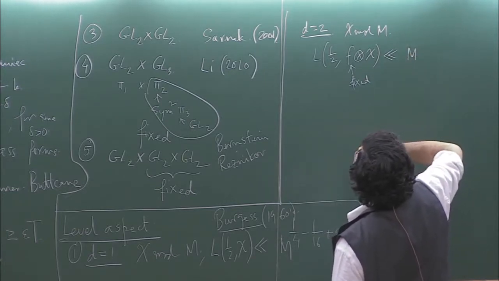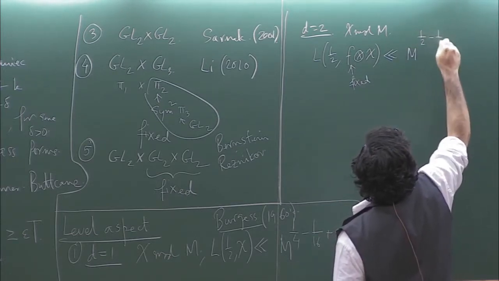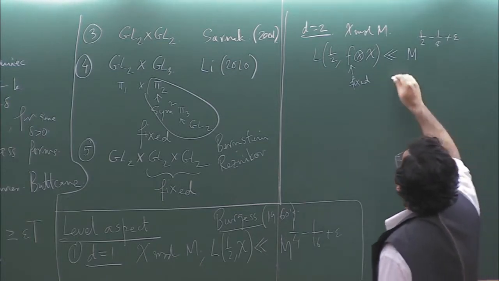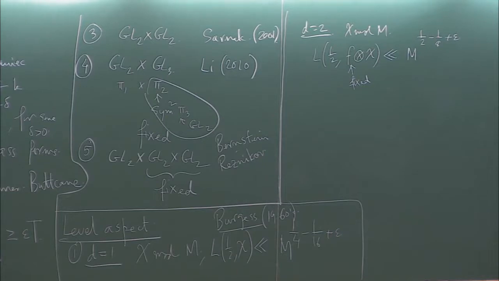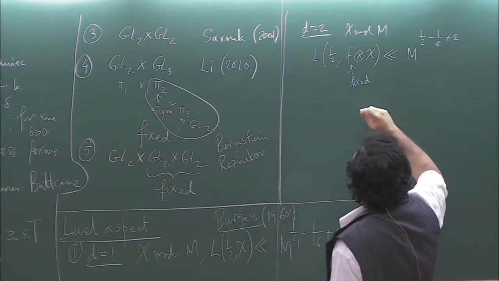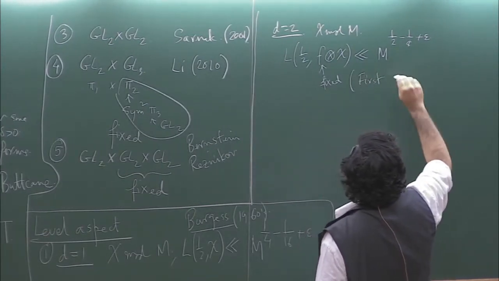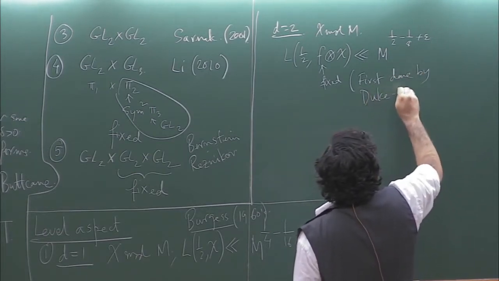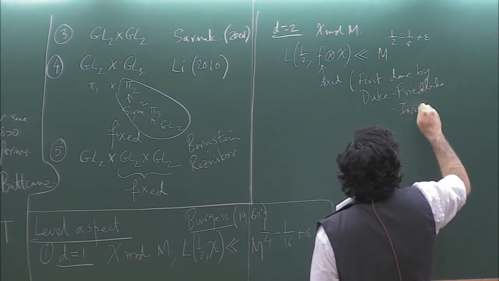Here also m squared is the conductor, and we know something comparable to Burgess here. Okay, so it was first done with a weaker exponent. It was first done by Duke, Friedlander, Iwaniec. But the Burgess exponent was achieved much later.